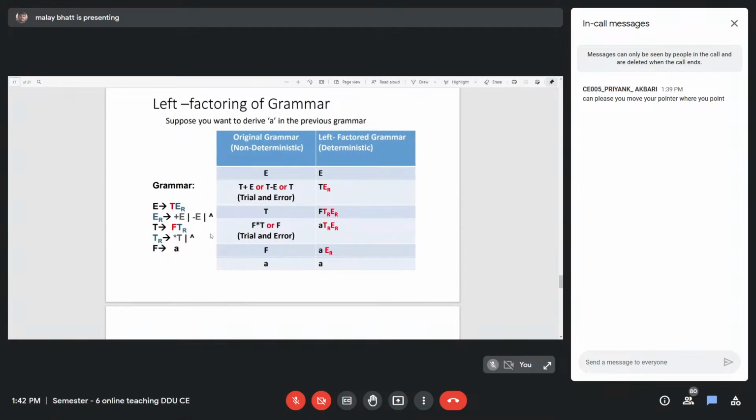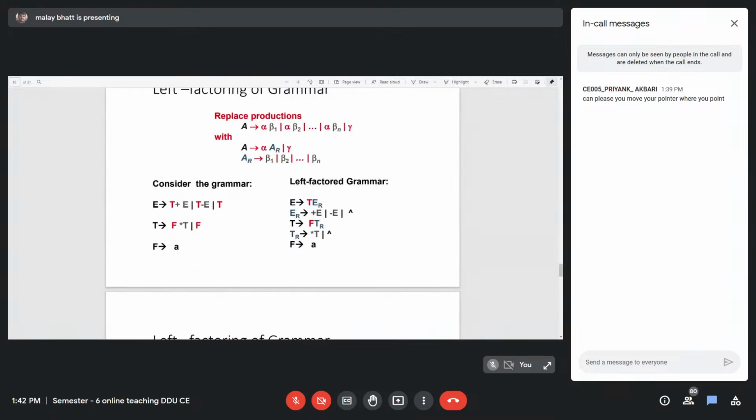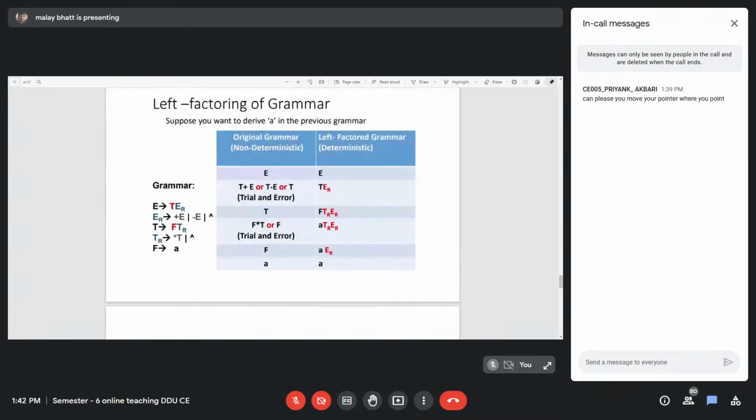Again, from T, we have two options in the original grammar: F into T or F. So we have again two options. We'll try F into T, and that path will fail. It will stop. We'll try the other path.